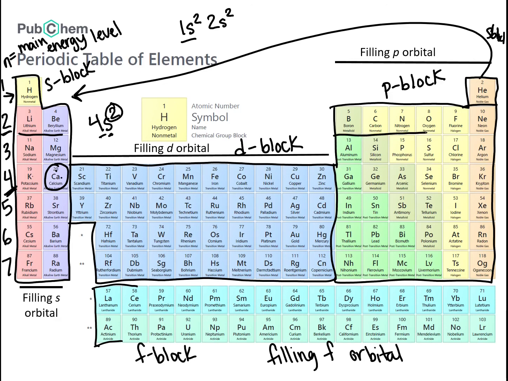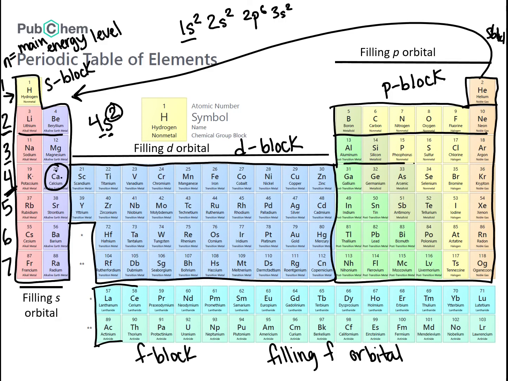Then we're filling all of the P, and the P can hold a total of 6. We haven't gotten to calcium yet, so we have to keep going across the table. So now we're at row 3. We're in the S block, and we filled it, 3s2.